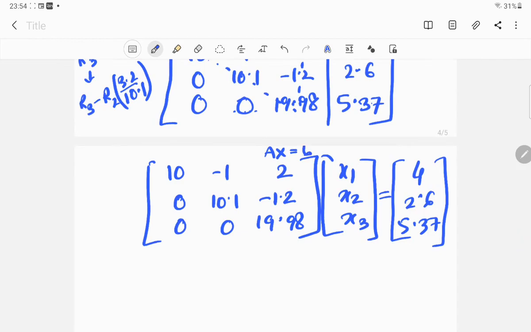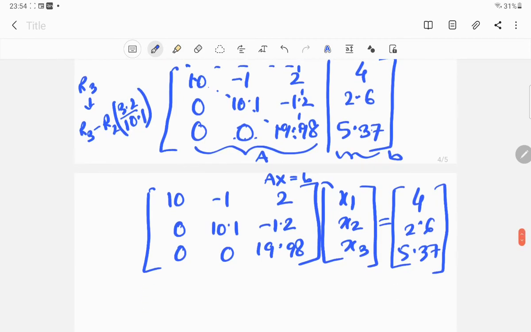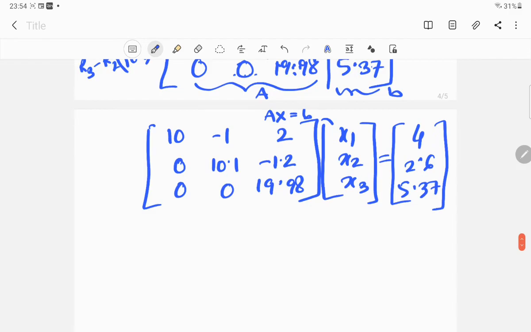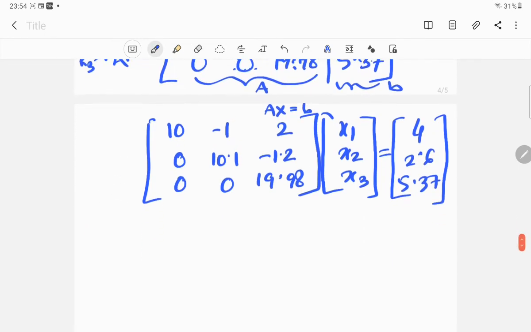Here this is our modified A, and this is the modified b. So we can simply put the modified values here. I will again repeat: this whole thing is capital A, and this whole thing is small b. So we know that Ax equal to b, and after putting the modified values, we have this.